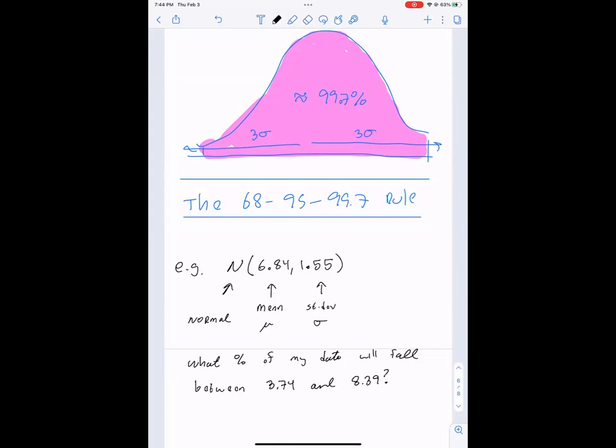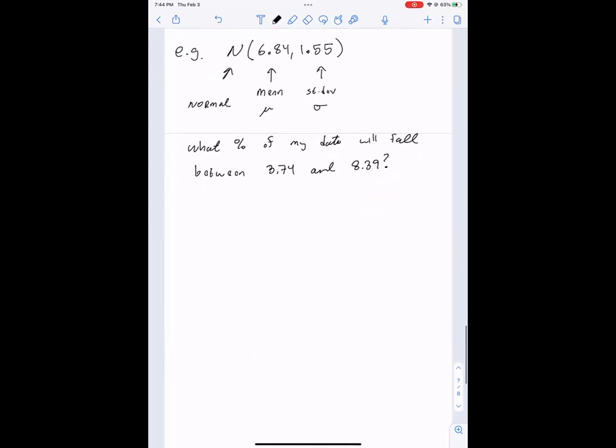I think it's one standard deviation, just 68%. No, well, I did the standard deviations. The 8.39 is one standard deviation away, but 3.74 is 2 standard deviations away. So that's all the area in between. So that would be 34 plus 34 plus 95 minus 68 divided by 2.